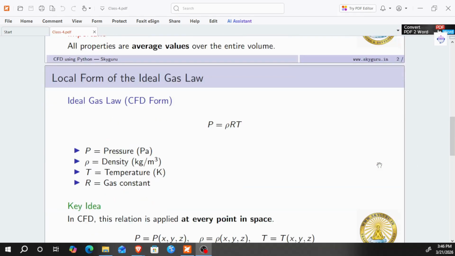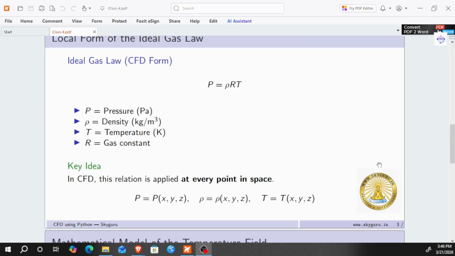So let us look at the local form of ideal gas law. What we are doing here is dividing the finite volume into an infinite number of volumes, and pressure, temperature and density vary locally.